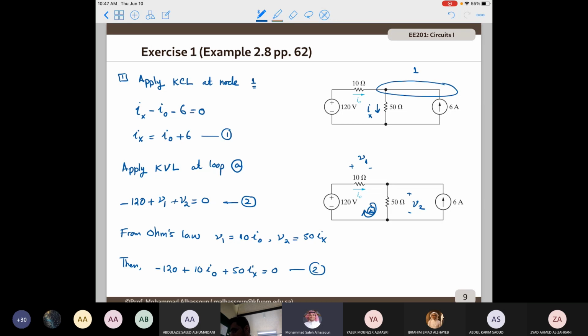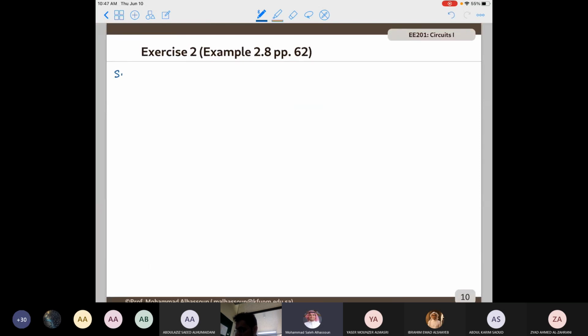So if I substitute equation 1 into equation 2, I will end up with minus 120 plus 10 I naught plus 50 I naught plus 6 equals 0.